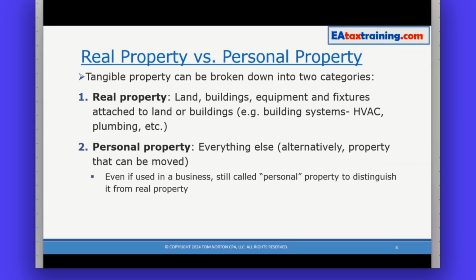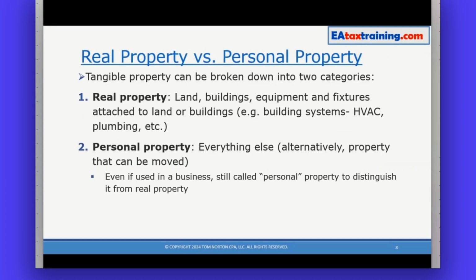That is opposed to personal property. Personal property, you can think of as property that you could move. You could pick it up and move it. Even if you can't personally pick it up, maybe you could if you had a machine of some sort. So personal property is everything that's tangible and not real property.